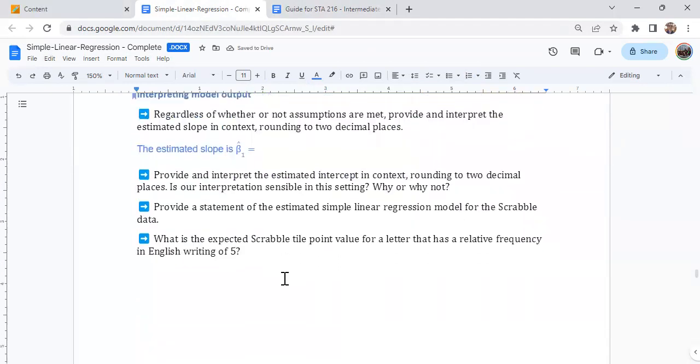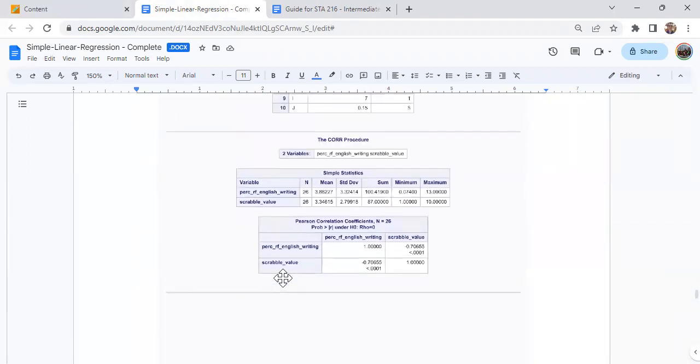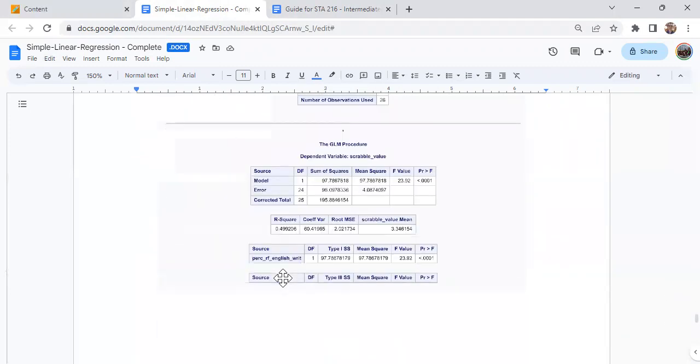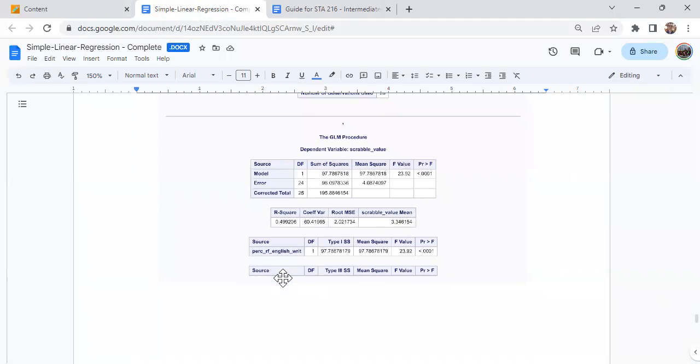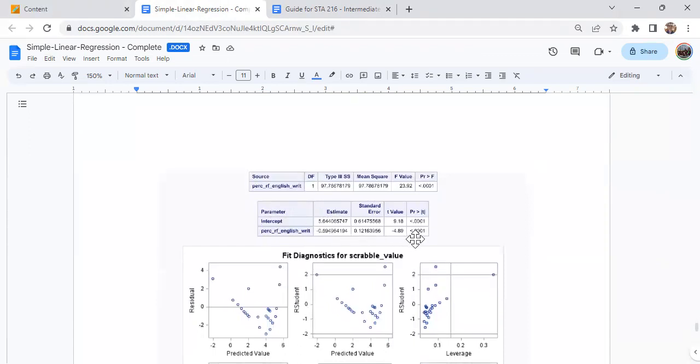The estimated slope is beta hat 1 equals... we get the estimated slope from the SAS output, right here, in this table that has the regression estimates in it.